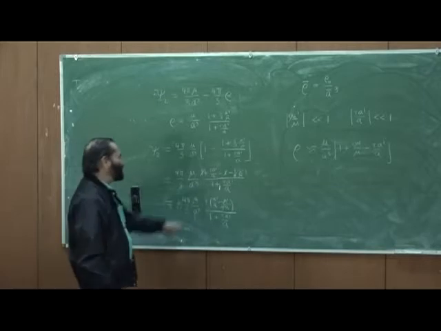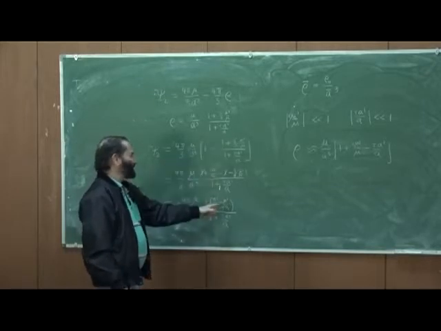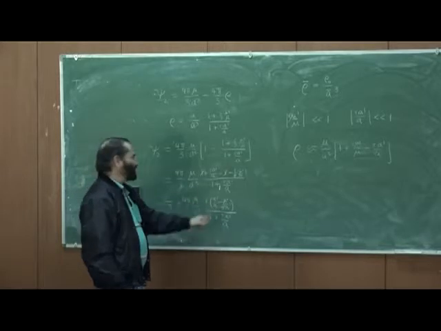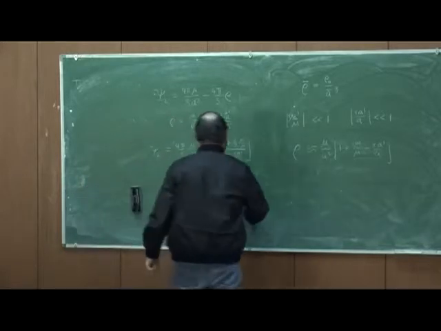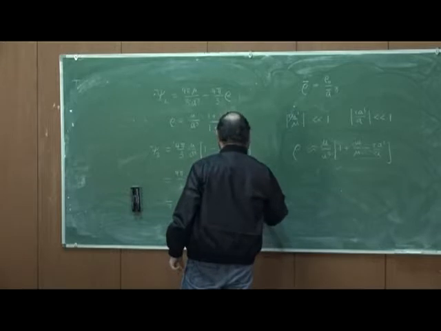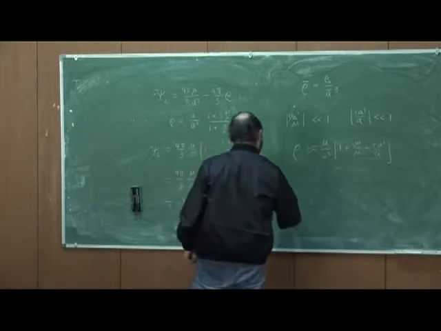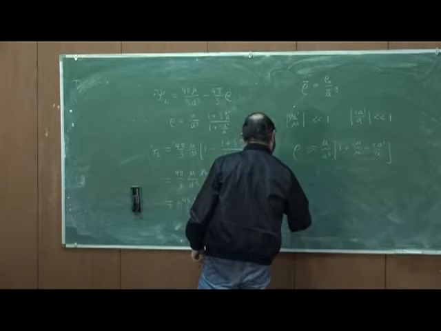So, if we make this assumption, then this is a very small quantity. If we make this assumption here, this would be equal to 4 pi by 3 mu over a cubed times something that is small divided by something that is 1 plus small.